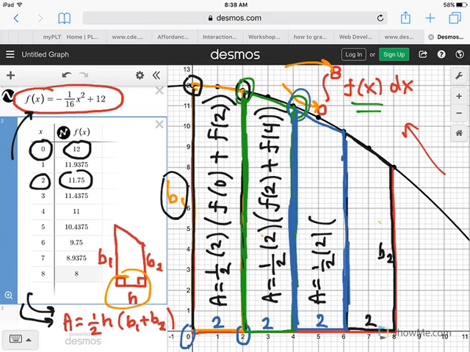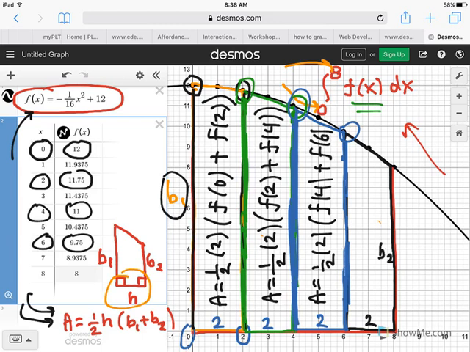And then the first base would simply be the length of this blue line segment, which is, of course, the function f evaluated at 4, which would give me f of 4, which I know to be 11. But I'll write f of 4 for now, plus the length of base 2, which would be the function f evaluated at 6, which I know to be 9.75. But I will write f of 6 for now.